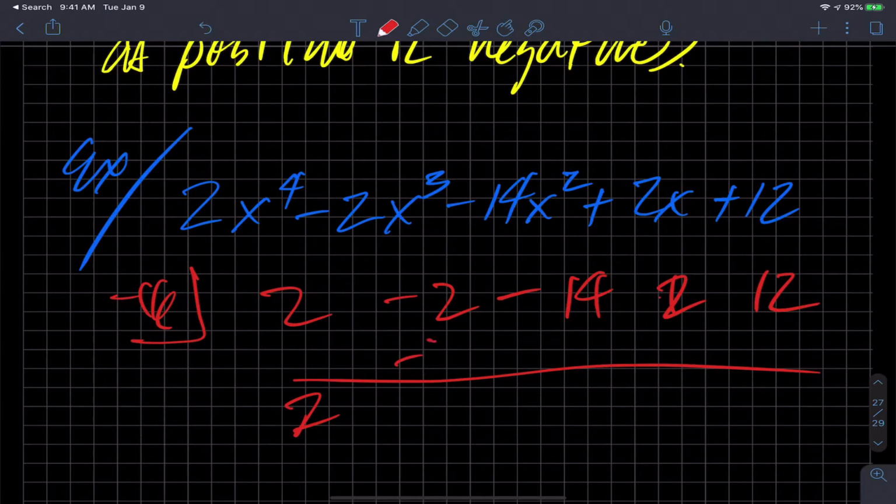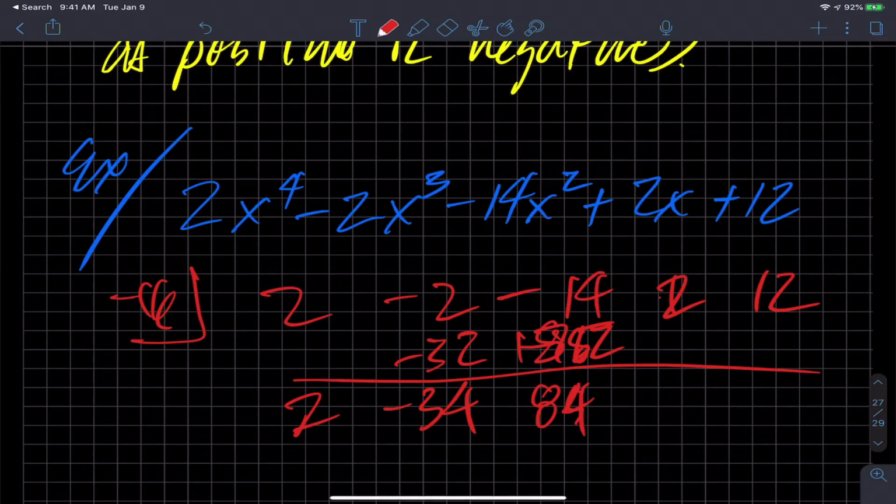This is going to be what, negative 32, and this is going to be negative 34. And this is going to be some negative number times some negative number. But 16 times 34 is some large number. It's not 762, but whatever. 856, I don't know. And it's going to be some large number. And then it's going to be a large negative number. And then negative times negative is positive.